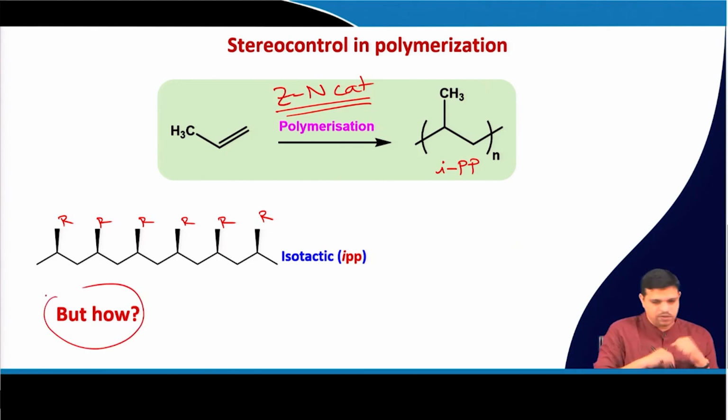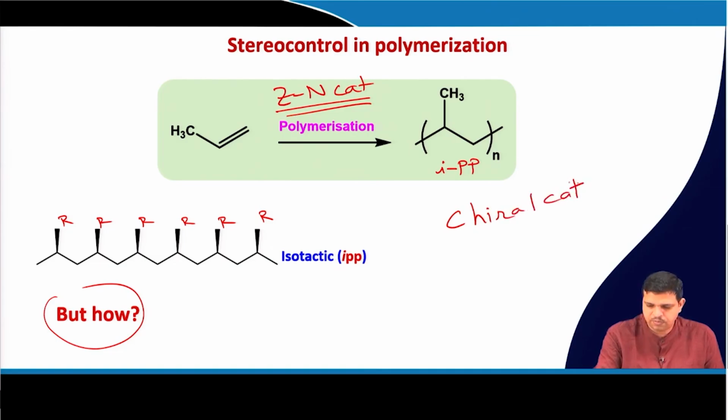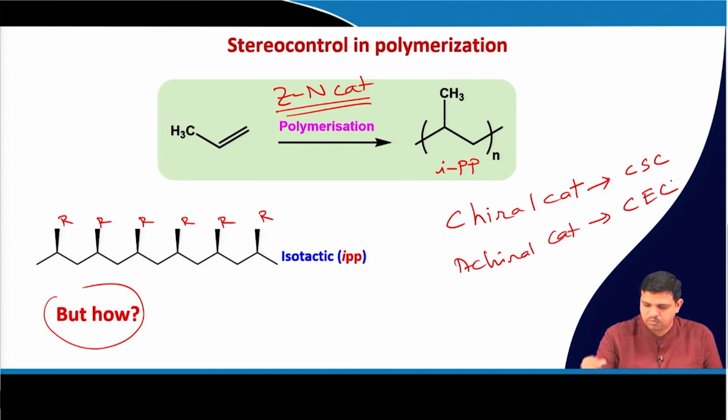Very interesting. In the last classes we discussed that we have to use a chiral catalyst to induce the stereoselective reaction, which goes through the catalyst site control mechanism. And another way is the achiral catalyst, that is the chain end control mechanism.